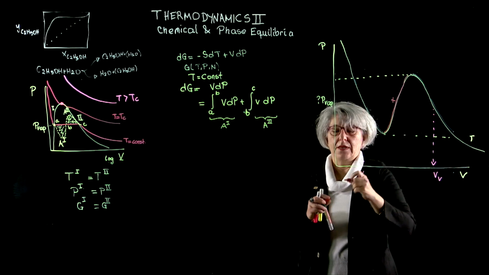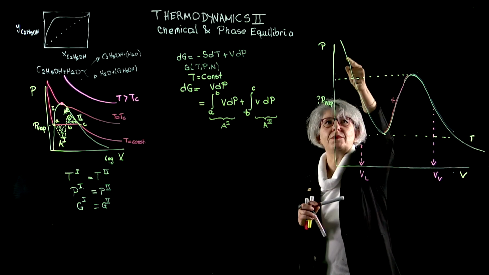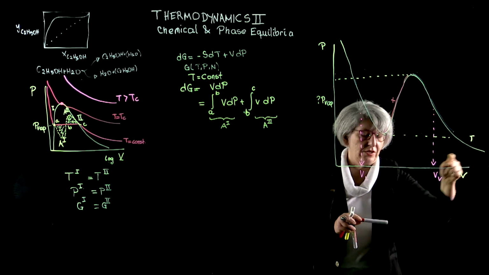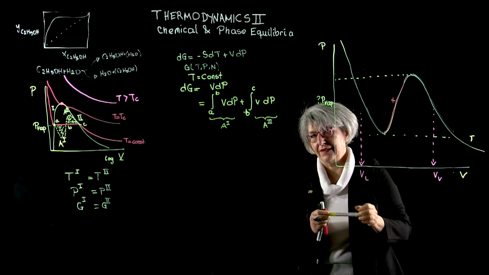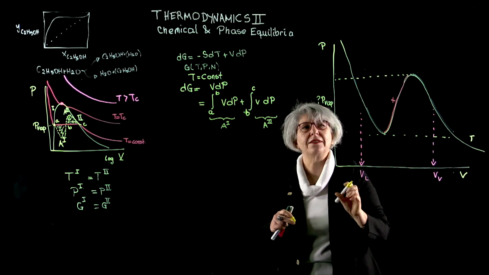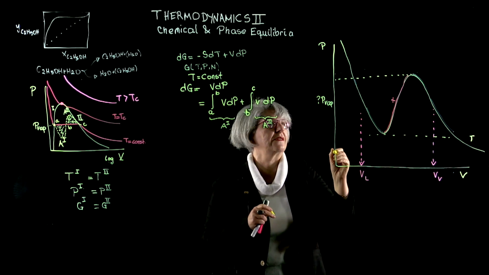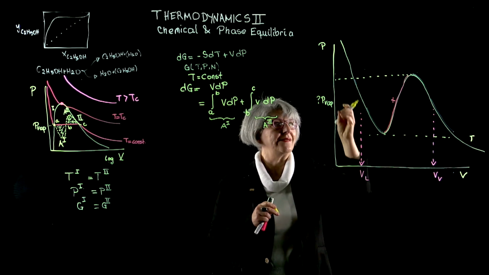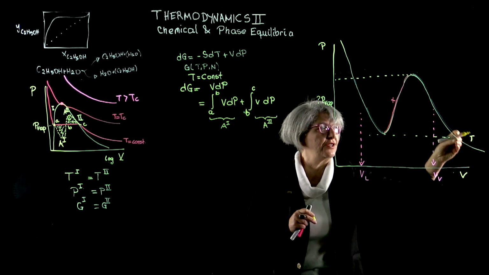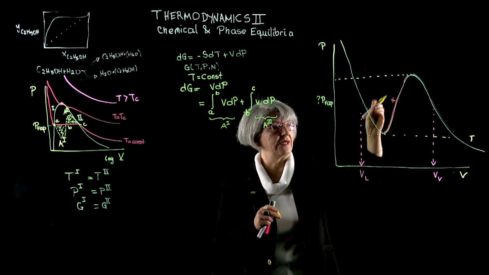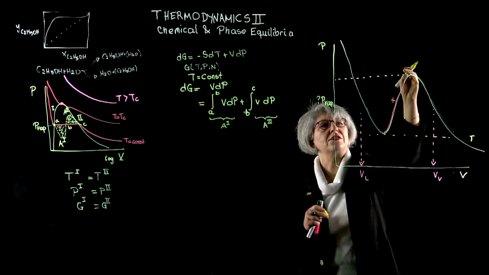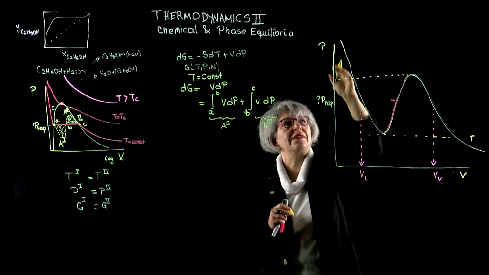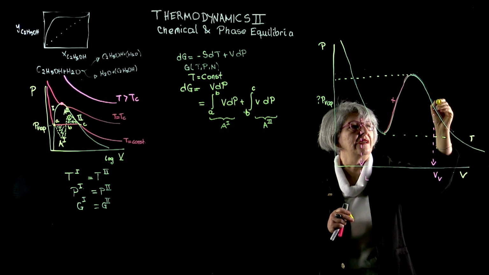Why is that? Now, this branch and this branch have a condition that is consistent with the physical reality. What is that condition? As we increase the pressure of the fluids, their volume decreases.